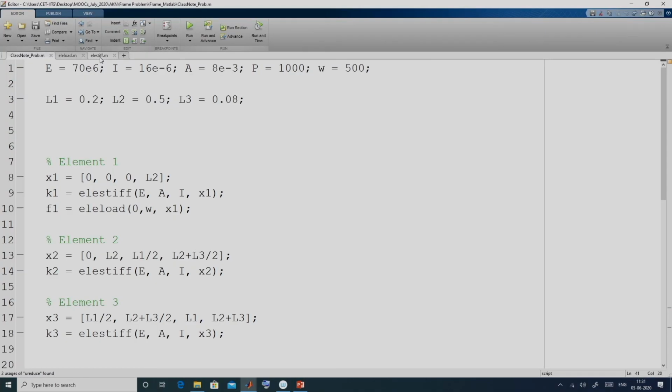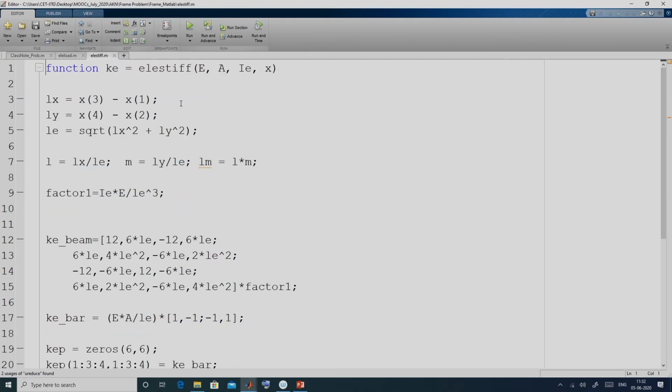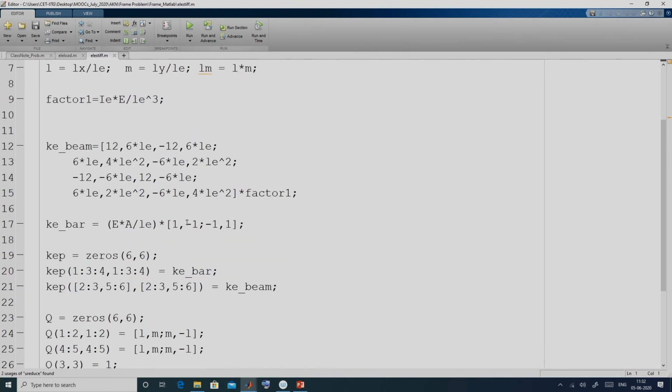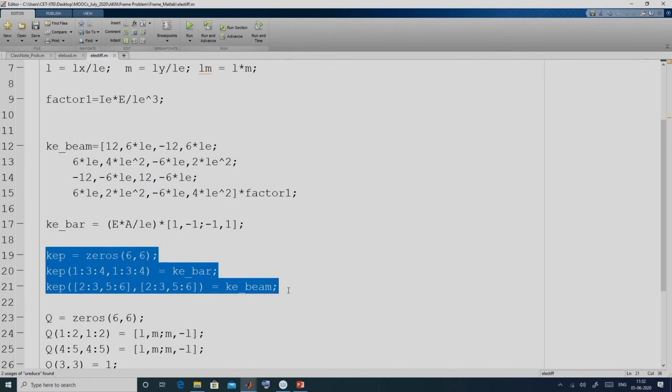Now, let us summarize the MATLAB implementation of the frame problem. So, we have this LStiff which returns the element stiffness matrix in global XY frame. So, we combine the bar stiffness and beam stiffness in proper position of the frame element stiffness matrix Ke prime. So, this is your element stiffness matrix in the local axial and transverse frame.